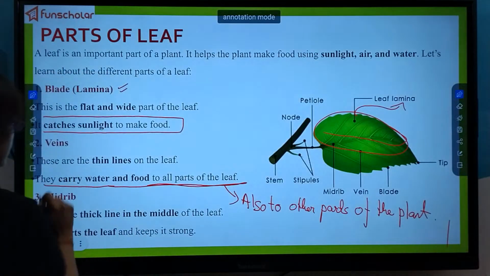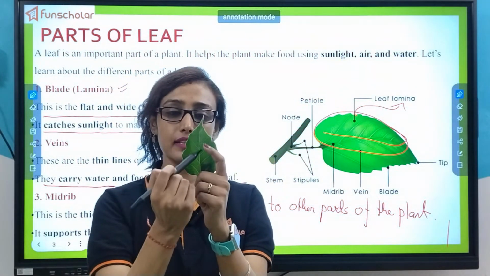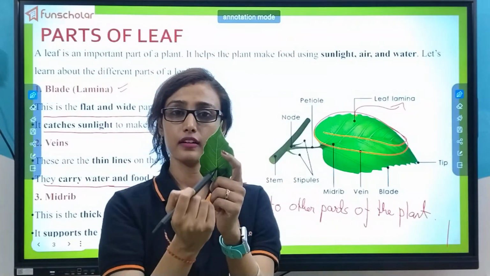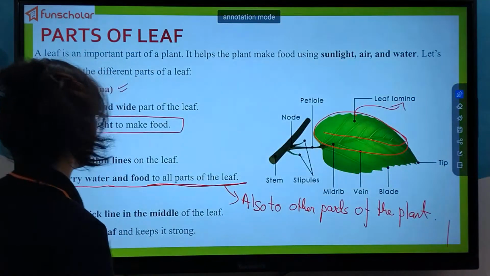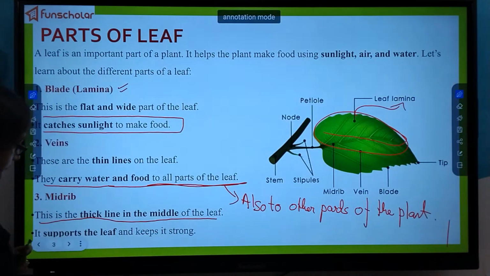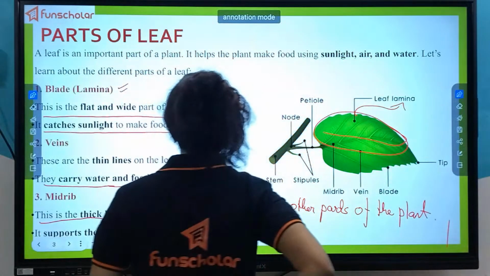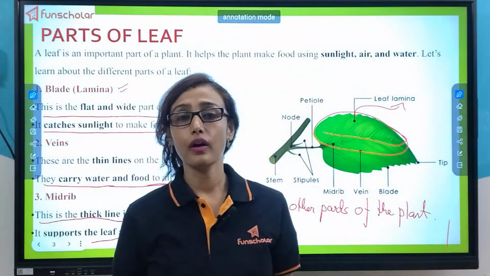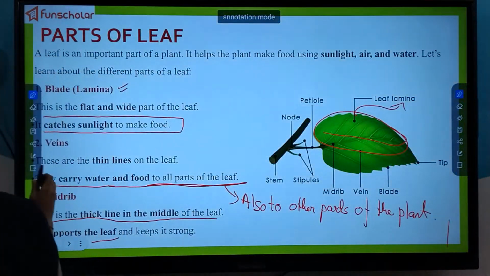Okay, now midrib. What did I say? This middle portion thick vein is known as what? Midrib. See, it is the thick line in the middle of the leaf. It supports the leaf just like our spinal cord supports our whole body. Done? Okay.